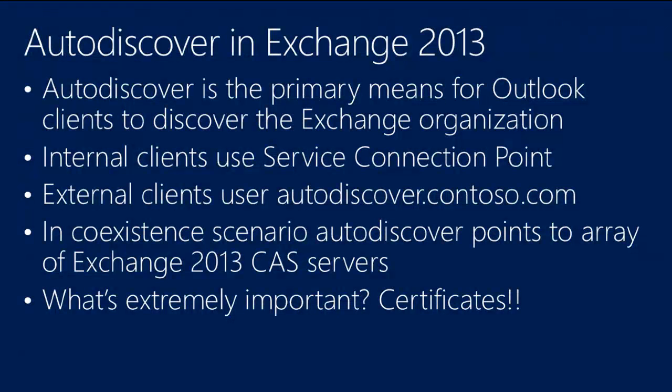But if your client is non-domain joined, or it's domain joined and not connected to the domain, then it will use the AutoDiscover SRV record, or autodiscover.domainname. In my example, it will be contoso.com, but I guess we don't all work here at Contoso, so you will have your own AutoDiscover.